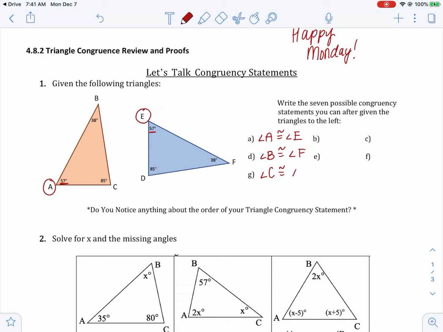Angle C is congruent to angle D. All right, next up. Since I know my angles are congruent, I can actually state that some of my side lengths are congruent. So the side AB is congruent to the side EF.